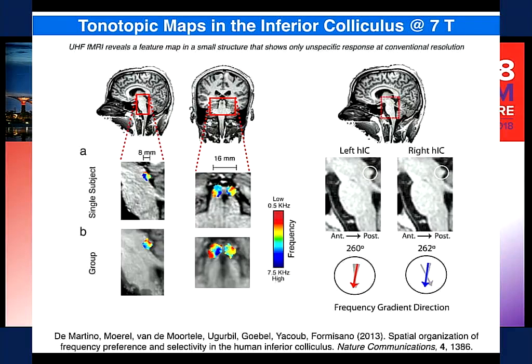Here it probed the same kind of different sound frequencies, but mapped on the inferior colliculus, a very tiny structure. Where at 3 Tesla you get 1 or 2 voxels which show you that you have some activity there, now with this sub-millimeter resolution, you see a whole tonotopic map inside this tiny region, right? So that is a first big benefit you get. You see topographic information which you cannot see with low resolution functional MRI.